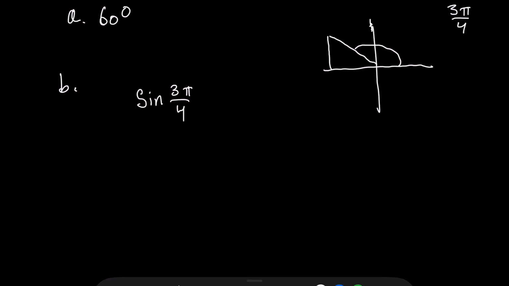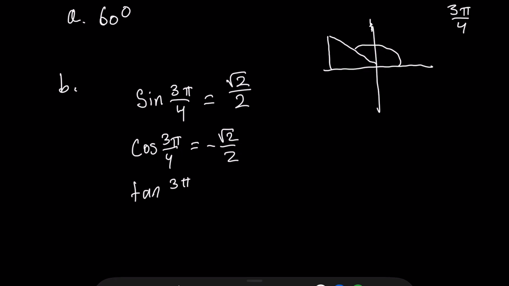So sine in the second quadrant is positive. If you memorize your 45 right triangle, this should be pretty easy. You should get this. Cosine's the same, except in the second quadrant it's negative. Tangent is sine over cosine, but cosine's negative.